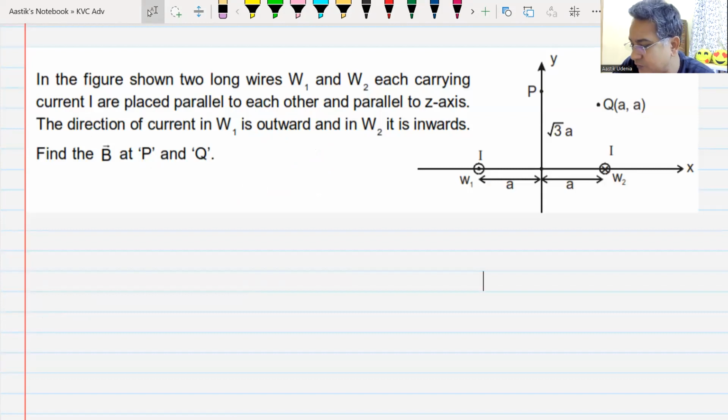Two long wires W1 and W2, each carrying current I, are placed parallel along the Z axis. The direction of current in W1 is outward and in W2 it is inwards. Find the magnetic field at point P and at point Q.